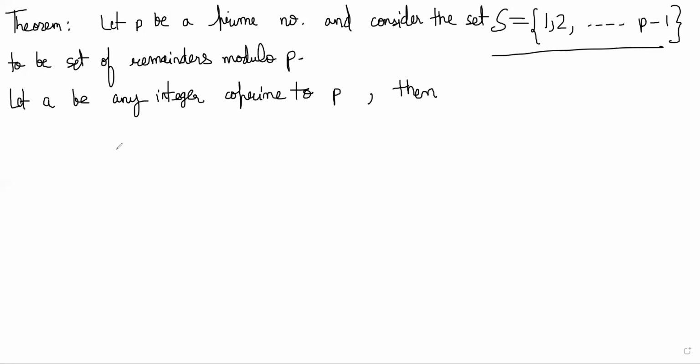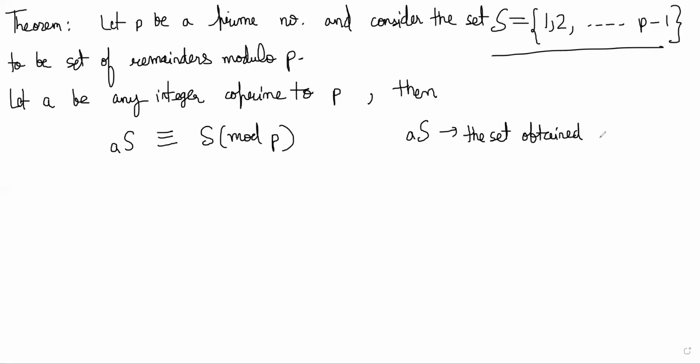Then we have A times S is congruent to S mod P. So AS means the set obtained on multiplying each element of S by A, right? And AS is congruent to S mod P.